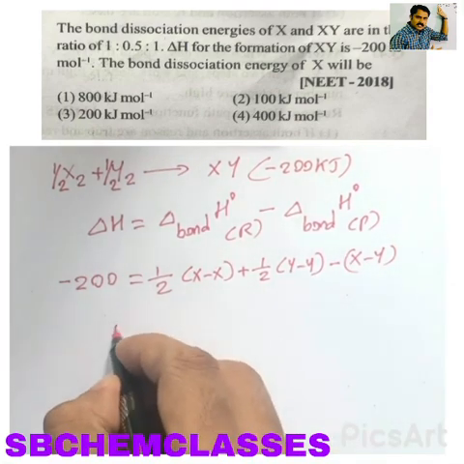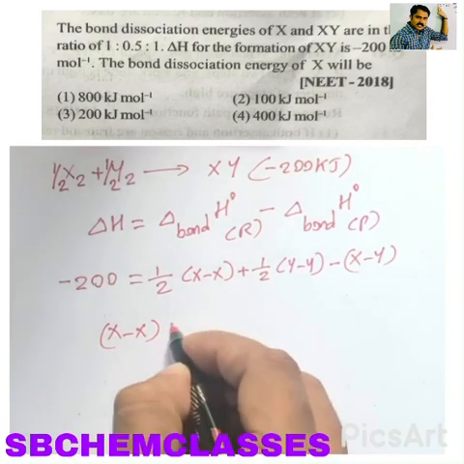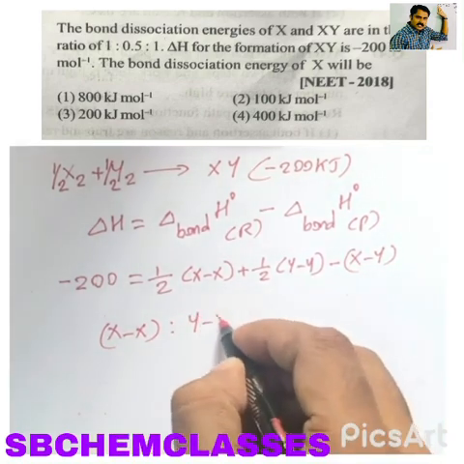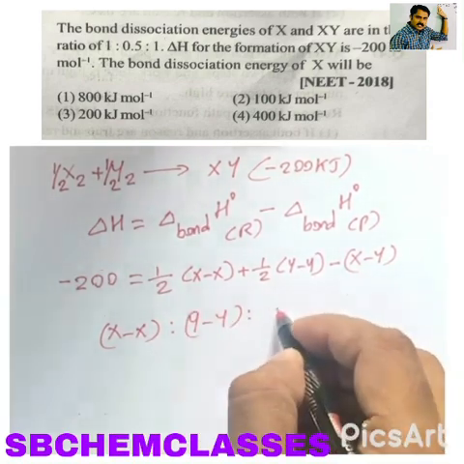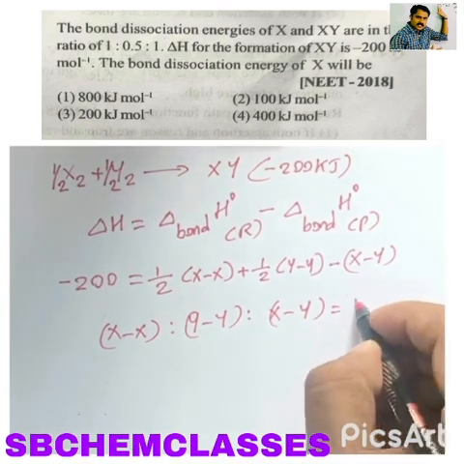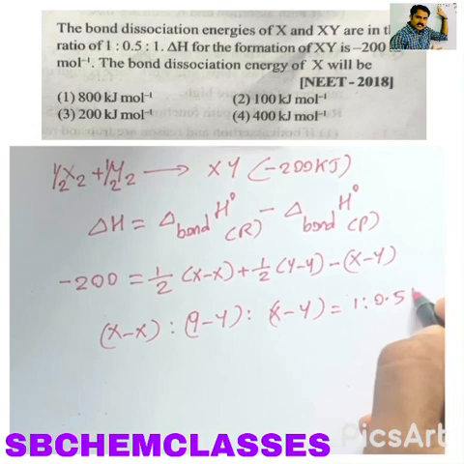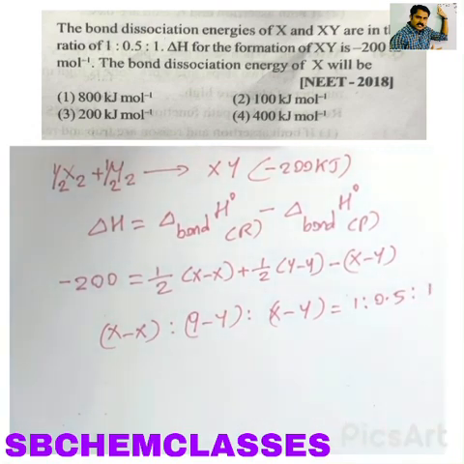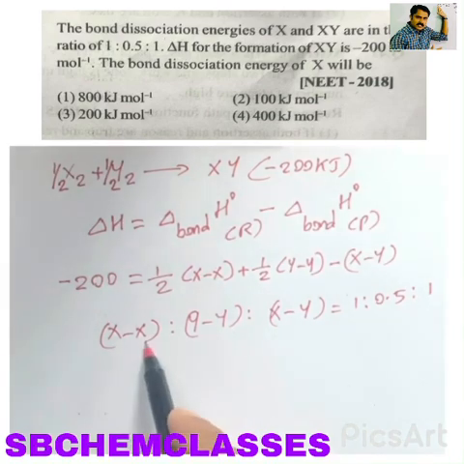Here the XX, YY and XY bond enthalpies are in the ratio 1 is to 0.5 is to 1. We have to find the bond enthalpy of the XX bond.